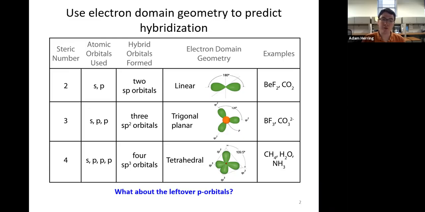For a steric number of 4, we have 4 total orbitals that are needed, and so we use all the p orbitals and the s orbital. That makes 4 identical orbitals which are sp3 hybridized. Now, in the case of the sp hybridization and the sp2 hybridization, there are leftover p orbitals.